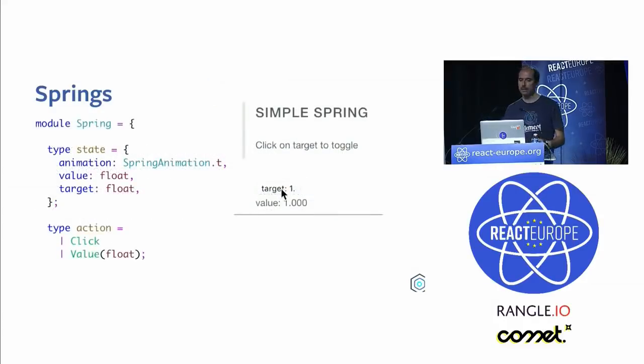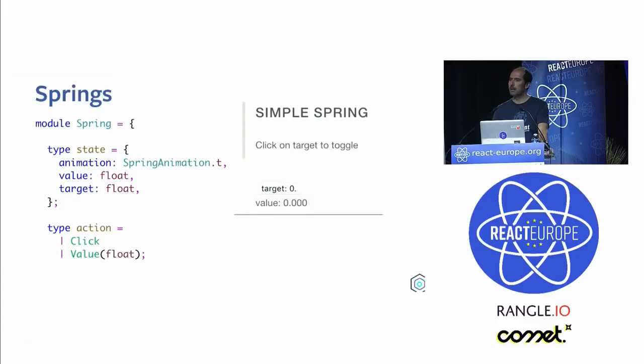Okay, so next I'm going to show how to give the simplest possible example of springs in ReasonReact. So we're going to have a spring component. The only thing it will do, it will oscillate the target value between 1 and 0 and show you how the value changes, right? So you click, goes from 1 to 0, and the value changes. So to do that, we have a state which has 3 things in it.